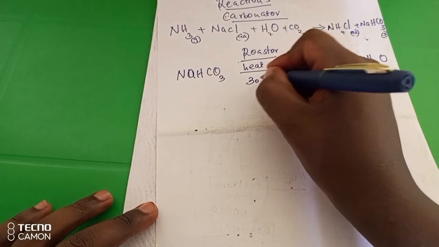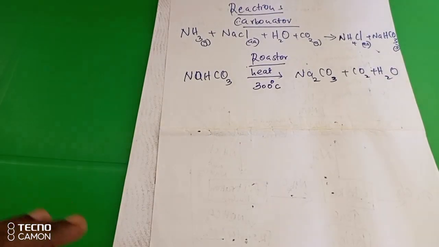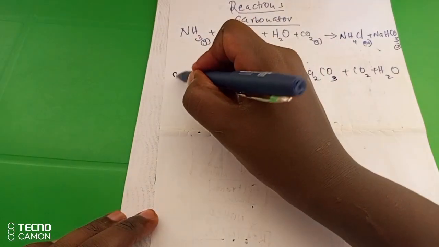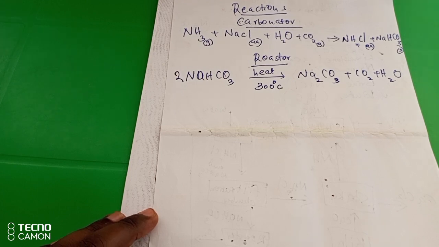This is heated at 300 degrees Celsius temperature. We balance this equation by putting a 2 there. So the equation is balanced like that.